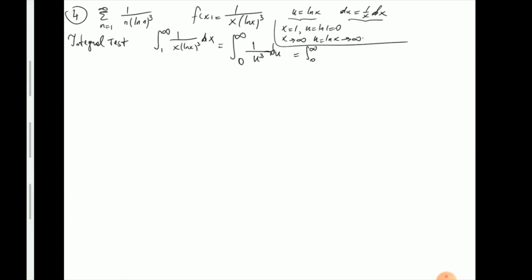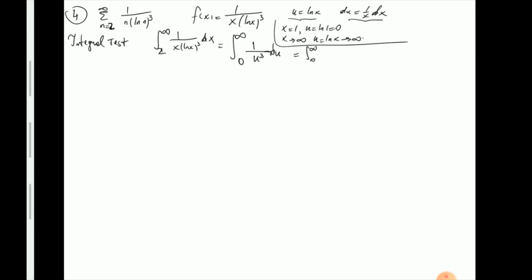I always forget about this pesky thing, because this becomes improper at 1. I had this before in a previous lecture. Let me just make a small modification here so that I don't have to write it one more time. Say this is from 2 to infinity.